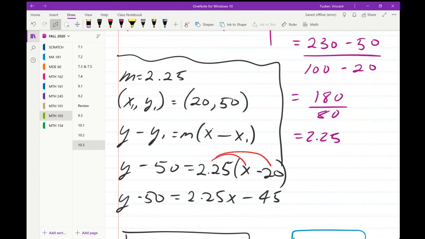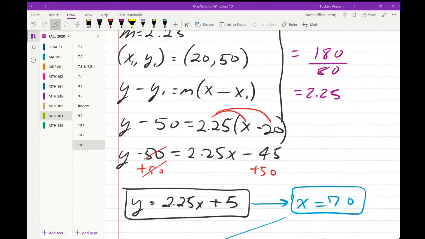So y minus 50 equal to 2.25x minus 45, since 2.25 times 20 would be 45. Now we'll add 50 to both sides, and that'll give us an equation of y equal to 2.25x plus 5.